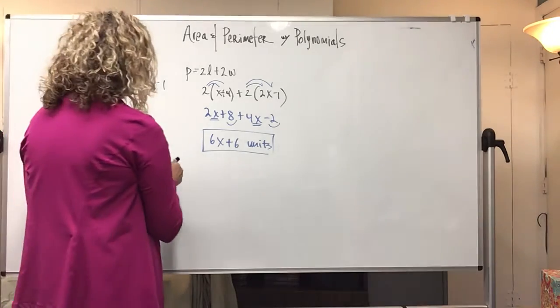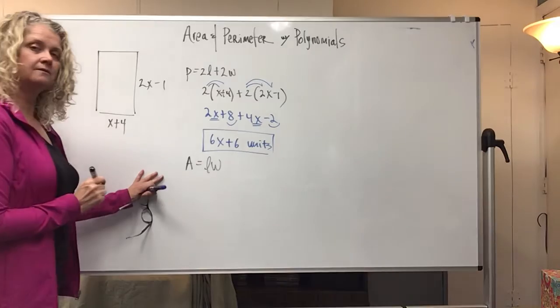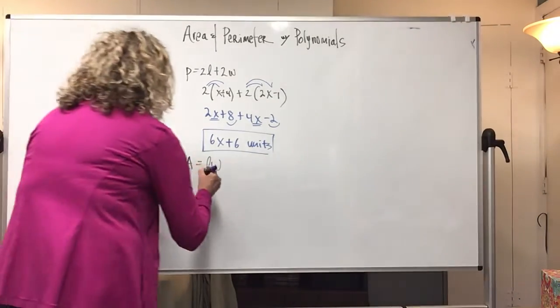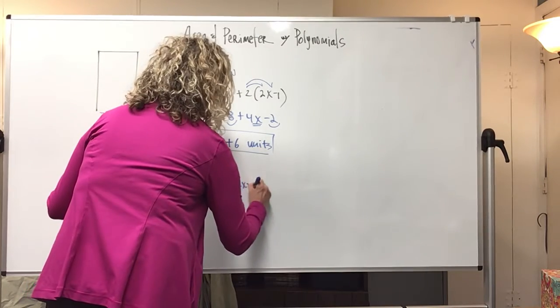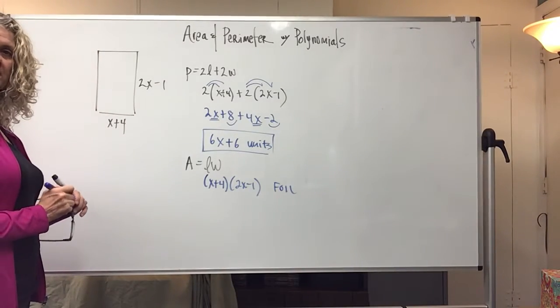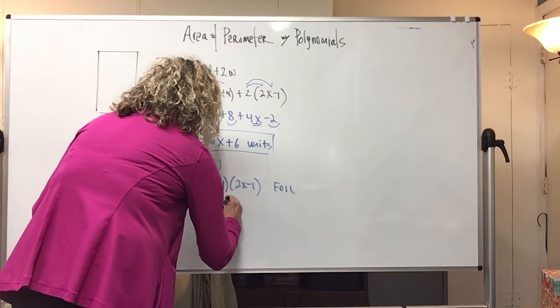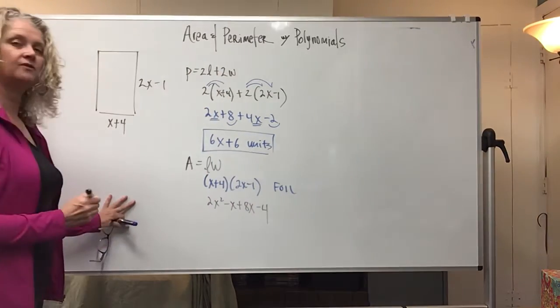Now we're going to go to area, and as we covered previously, the formula for area of any rectangle is length times width. We have our length, and we have our width, and hopefully you recognize this is a foiling problem. So we're going to get 2x squared minus x plus 8x minus 4.